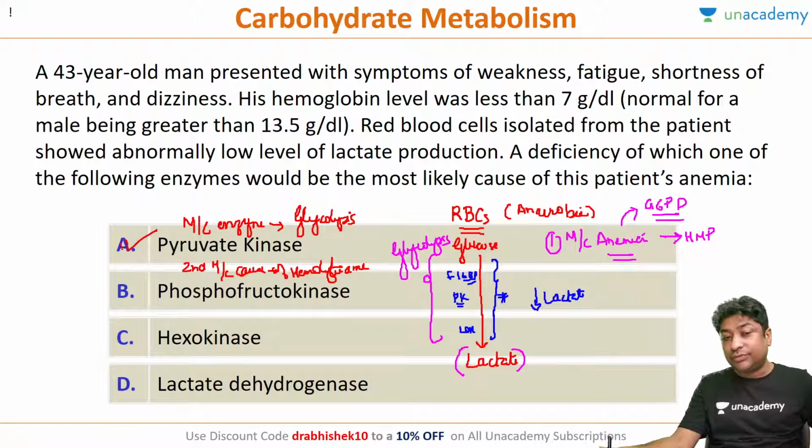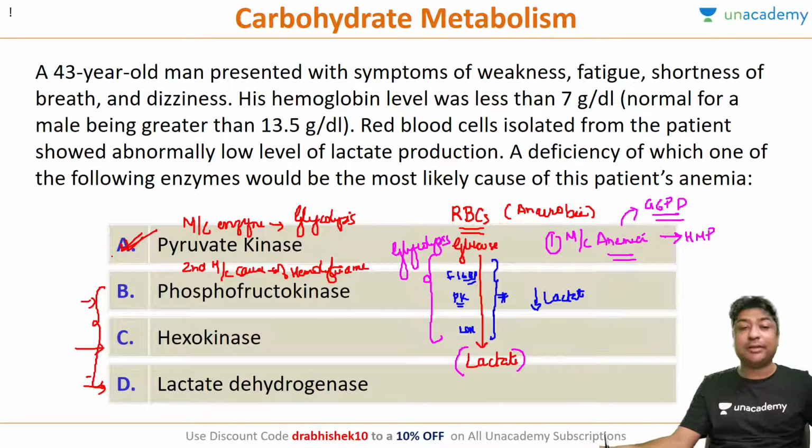So both of these will point to the answer, although the others can also lead to a lactate deficiency, because all of them are affecting the glycolytic pathway. But here the answer is not just based on the low level of lactate, but on which enzyme is very, very common in a patient like this. Is this clear, everybody? Good.